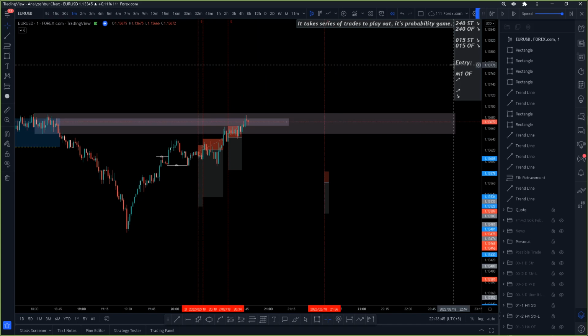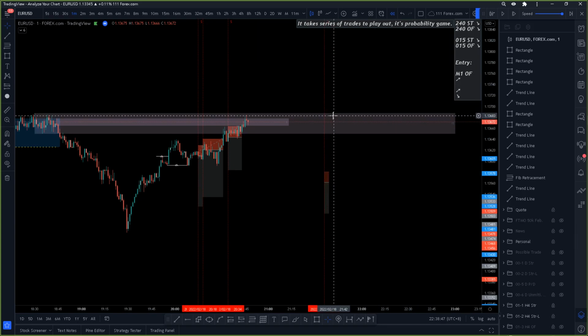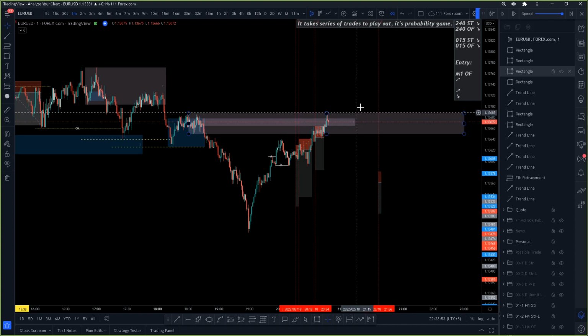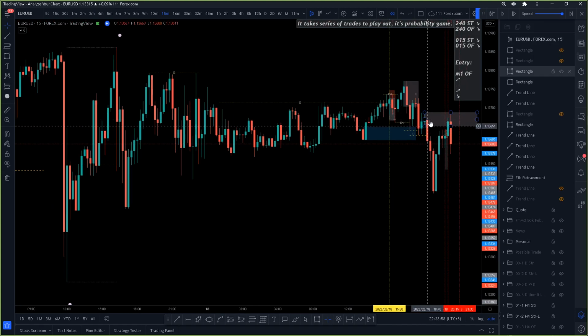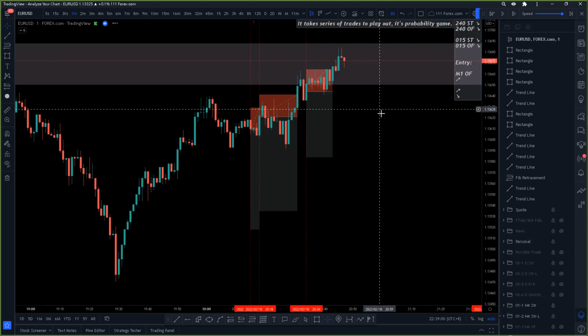It taps into more of my unexpected area. It's more likely the extreme of the M15.